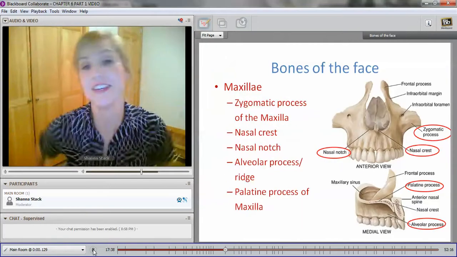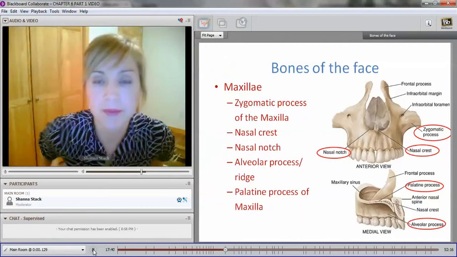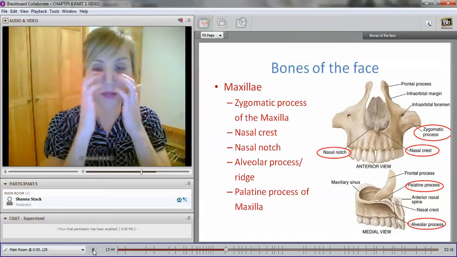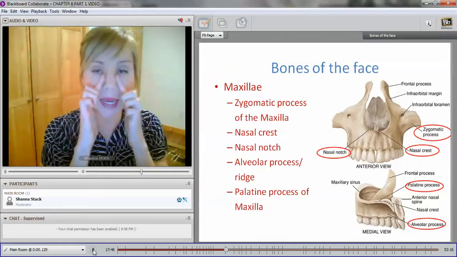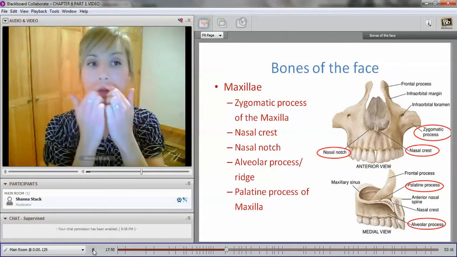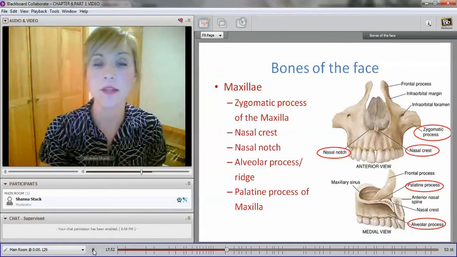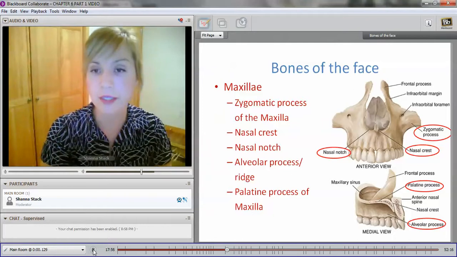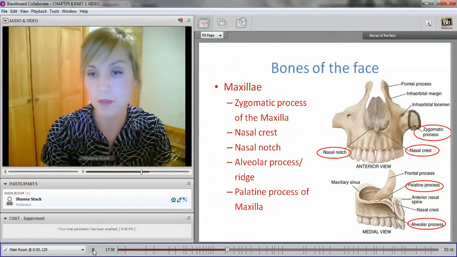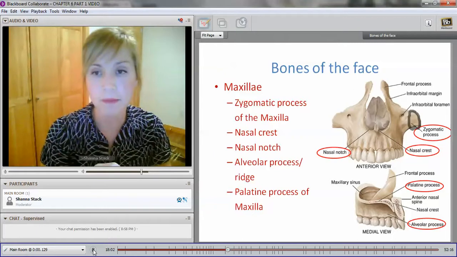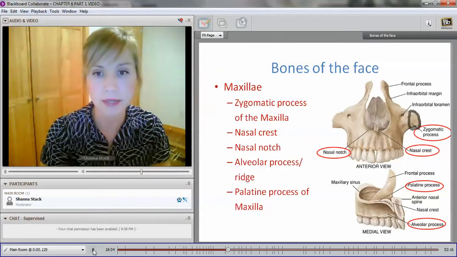Okay, so here's an anterior view of your maxilla. It's been dissected away. So you'll see it comes all the way up here, okay? So this is all maxilla. You have the zygomatic process here, and that means that this bone is articulating with another facial bone called the zygomatic bone. So you would say that this is the zygomatic process of the maxilla.